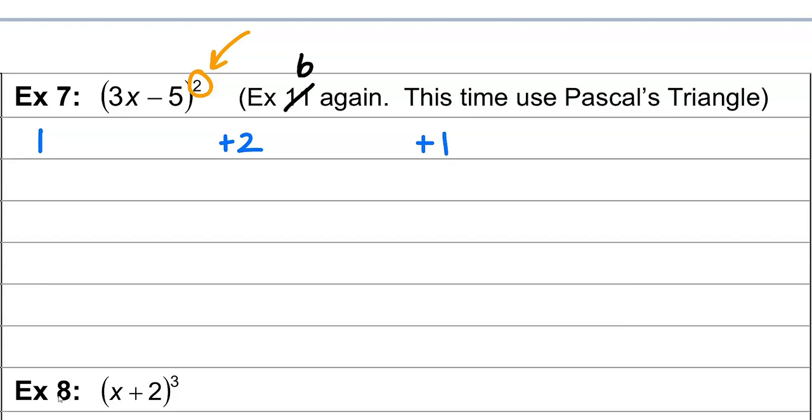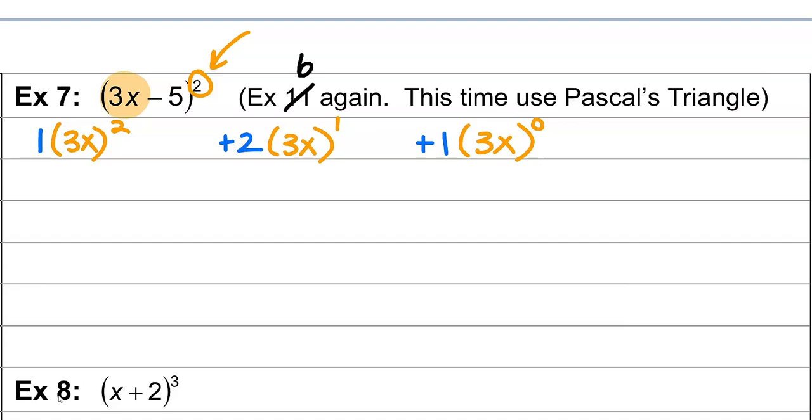Now I'm going to multiply every single one of those by the first term to a power. So I'm going to multiply all of them by 3x. I'll write it this way first. Since the highest power is a 2, you start at 2 and count down 1, 0 for their exponents.